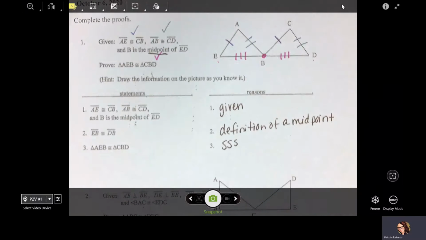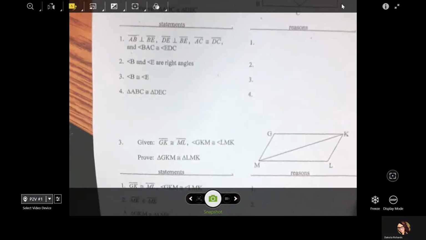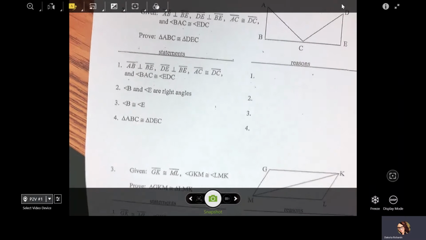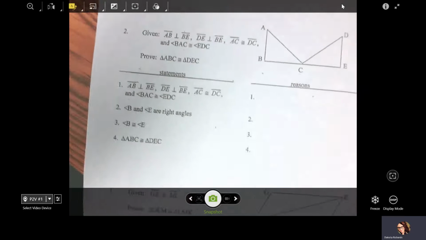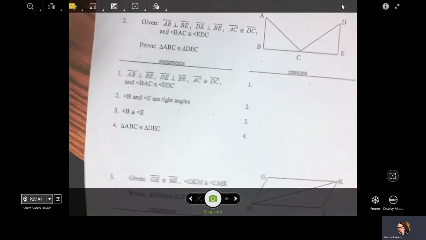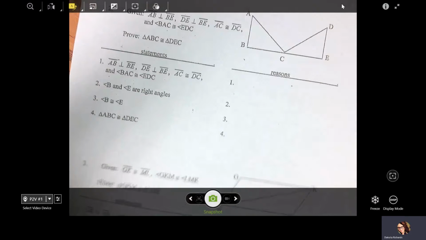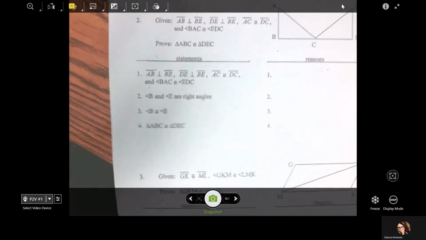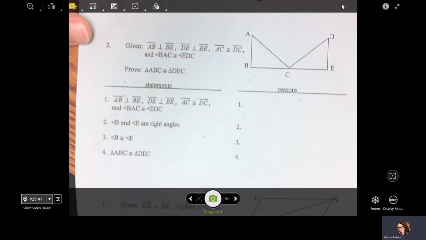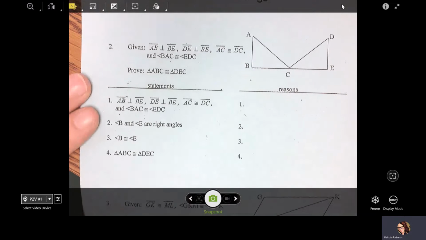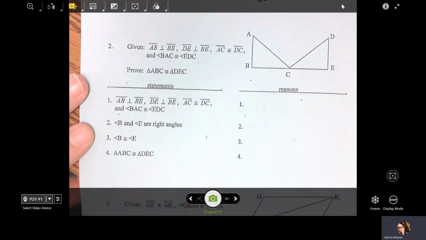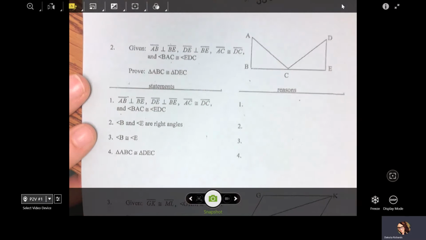Number 2. So again, take it slow, what you're given. Don't flip out because it's a proof. Hold up. Okay. So we are given AB is perpendicular to BE.